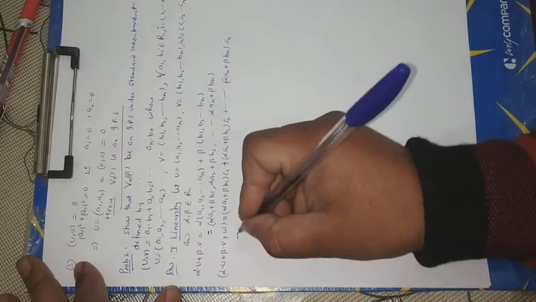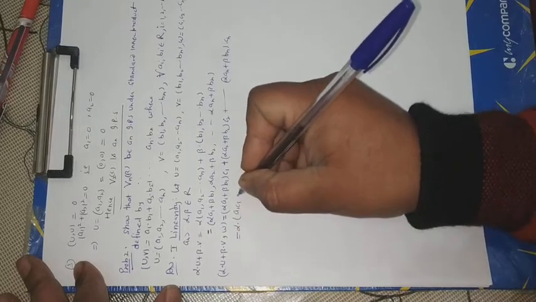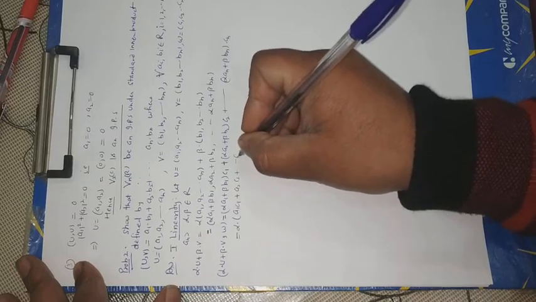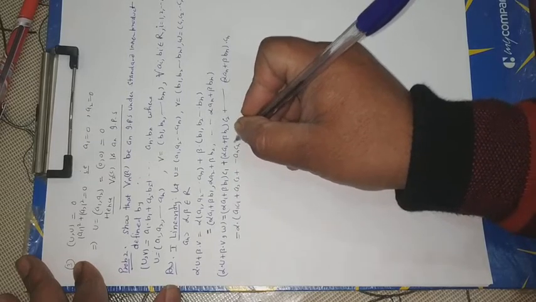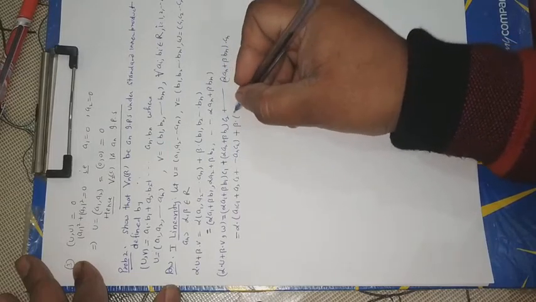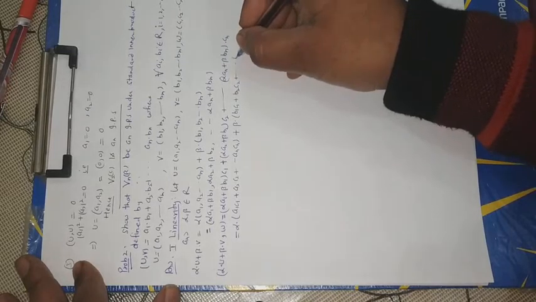That is alpha into (a1 c1 plus a2 c2 plus up to an cn) plus beta into (b1 c1 plus b2 c2 plus up to bn cn).